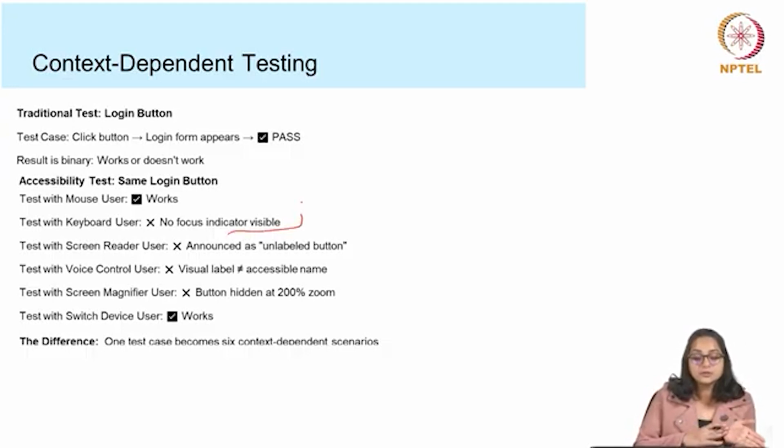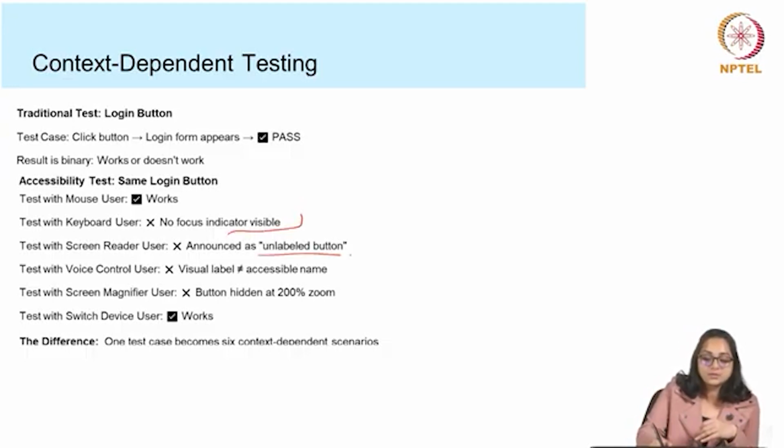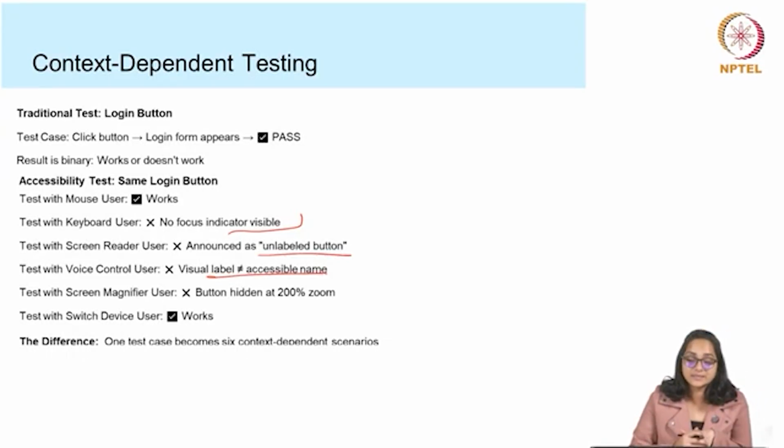Test with screen reader user, announced as unlabeled button. Test with voice control user, visual label is not the same as accessible name. Test with screen magnifier user, button hidden at 200% zoom. Test with switch device user, probably similar. Out of these 6 use cases, only 2 are getting passed. So the difference is that one test case becomes 6 context dependent scenarios.